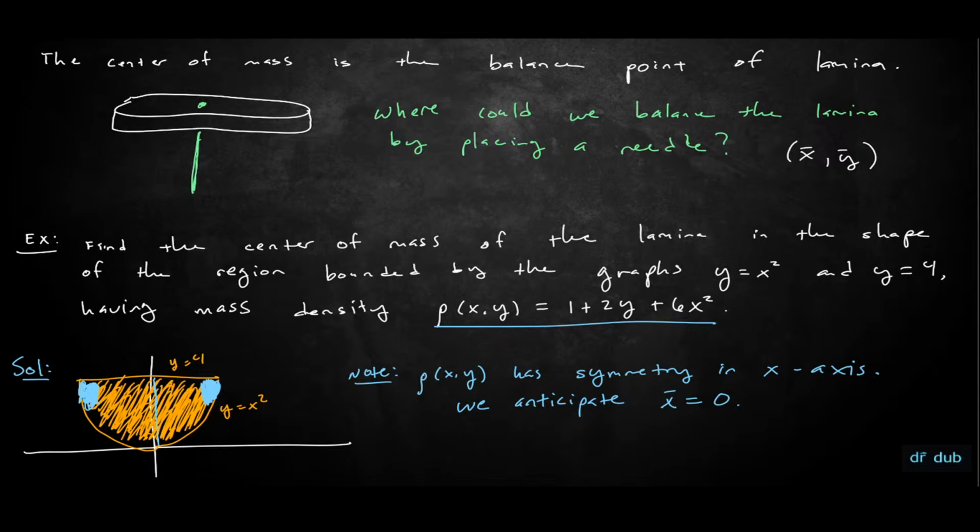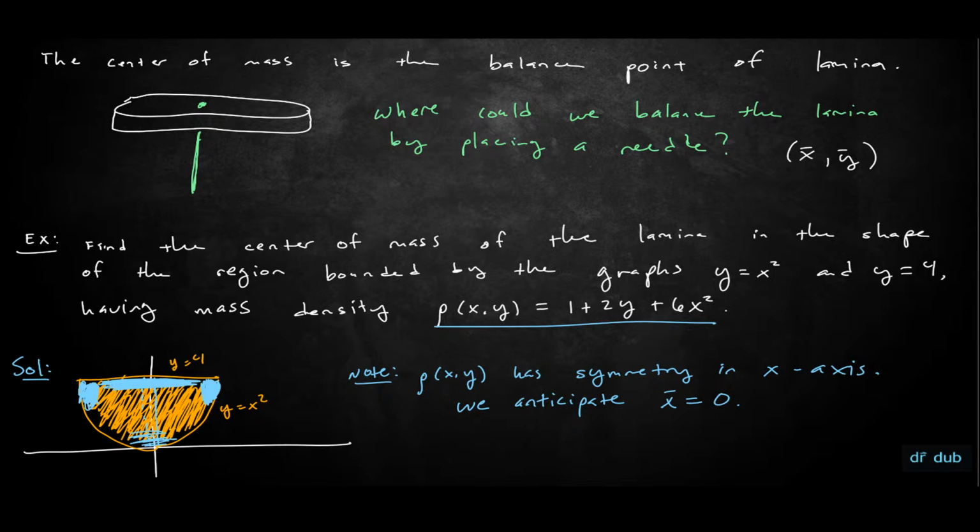For y bar, as we move up the lamina there's more mass. There's a lot of mass up here and very little mass down here, so it's like a non-uniform solid.